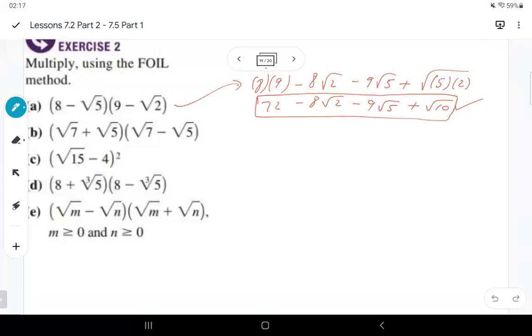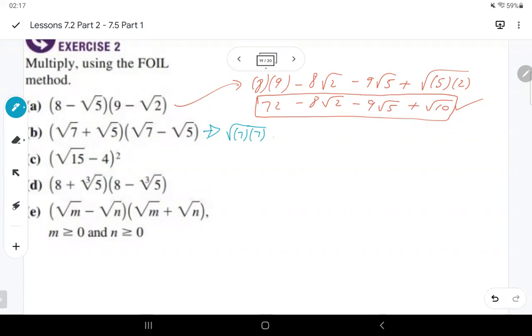Okay, so next we have something called conjugates, which is when we have the same binomial with two different signs in it. And what you're going to see is that we're actually going to be able to cancel a couple things out, the inside terms. So 7 times 7 under the square root is actually 7 squared. So we're just going to get 7 out, but we'll leave it like that.